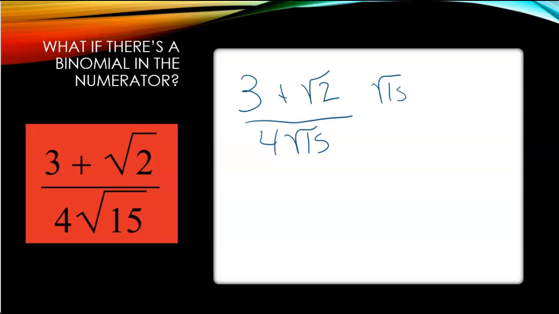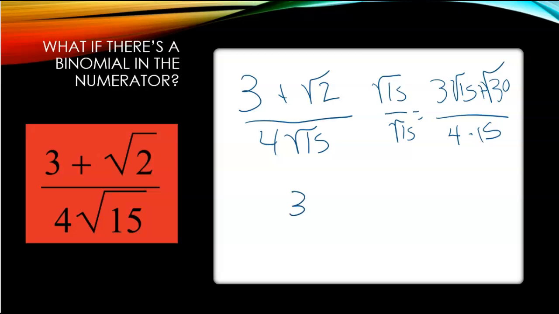So radical 15, radical 15. 3 radical 15 plus 2 times 15 is 30. And on the bottom we got 4 times 15, right? There's no perfect squares that come out of 15 or 30 that are factors, so we're just going to leave it.